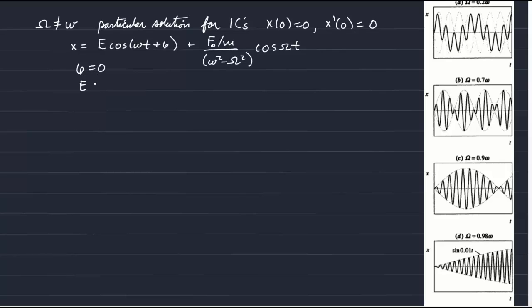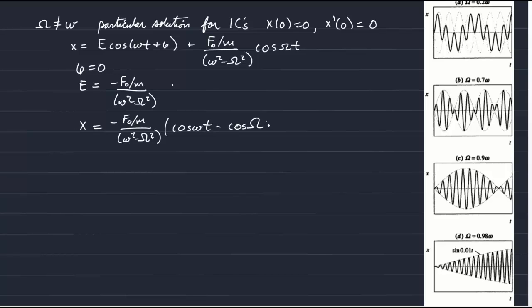And the second constant, E, is equal to minus F naught over m over little omega squared minus capital omega squared. So this gives the particular solution of x being equal to minus capital F naught over m over little omega squared minus capital omega squared, times cosine little omega t minus cosine of our driving frequency times t.